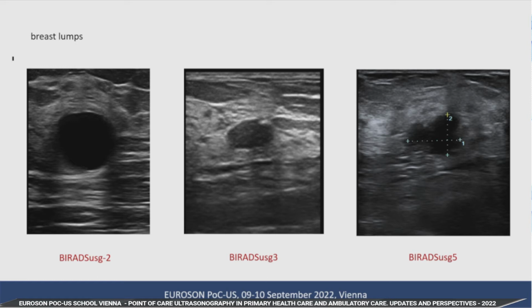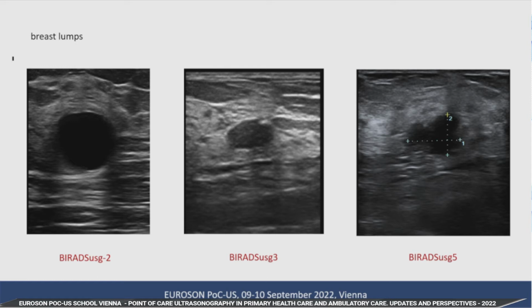She has a risk of cancer of about a couple of percent. We can't definitely say that it's no cancer at all. We need to accept the fact that sometimes a small number of cancers may mimic and look like fibroadenoma, so we need to send patient number 2 for further diagnosis.